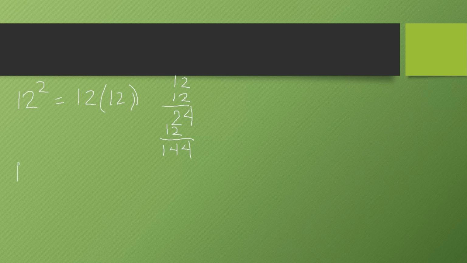According to the shortcut method, square the first term. Ang ating first term dito, itong nasa ones digit. What is the square of 2? Yes, that is 4. Then yung second term doon, add twice the product of the first and the last.